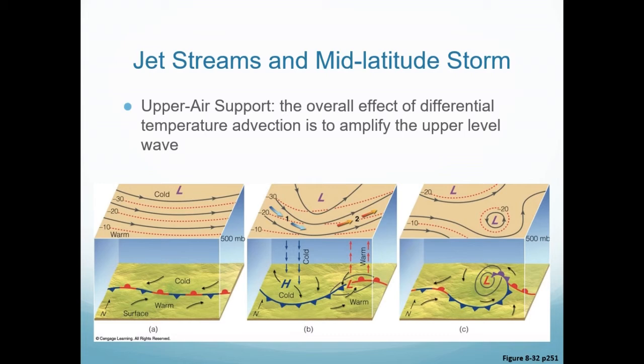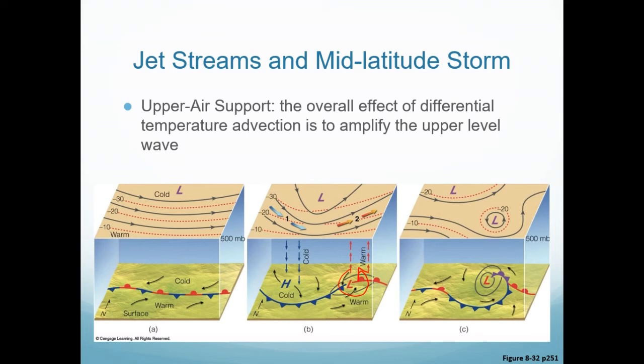So here's another view looking at the life of a mid-latitude cyclone with the upper air support above it. On the left, you see the polar front before anything even happens, before the initial frontal wave. And you can see the air above, aloft, not a whole lot is going on. But once you form this low pressure system in the second figure, it will also trigger the start of a trough aloft.